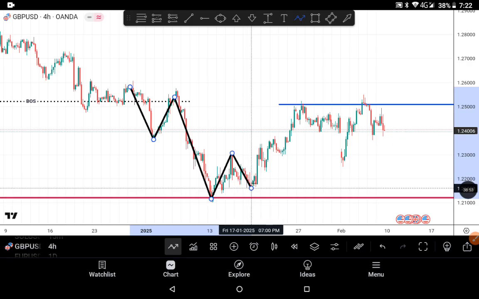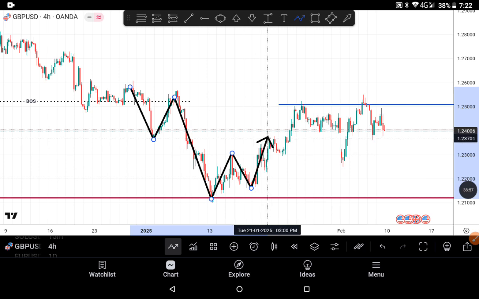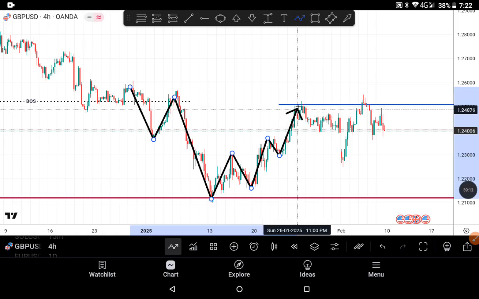The higher low is not even our concern, but the higher high, because in a downtrend market, always look out for the lower high, while in an uptrend, always look out for the higher high. So it gave us a higher high.